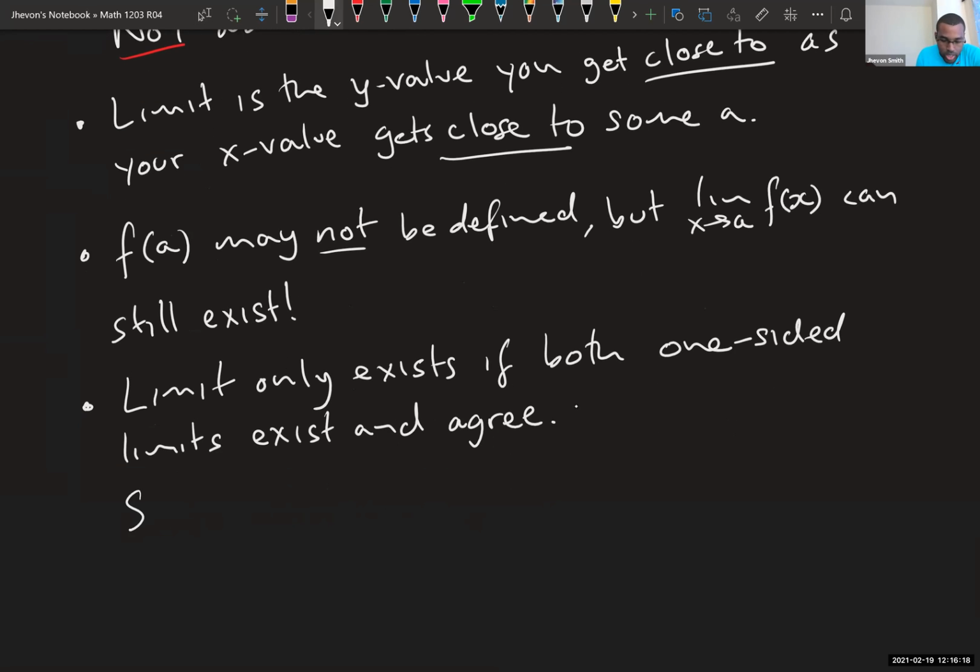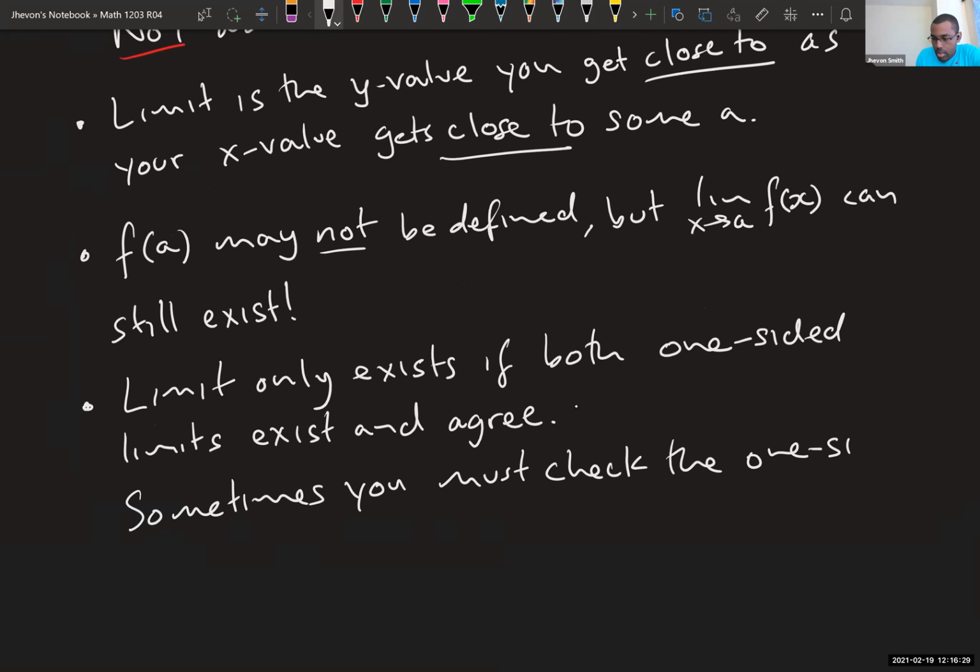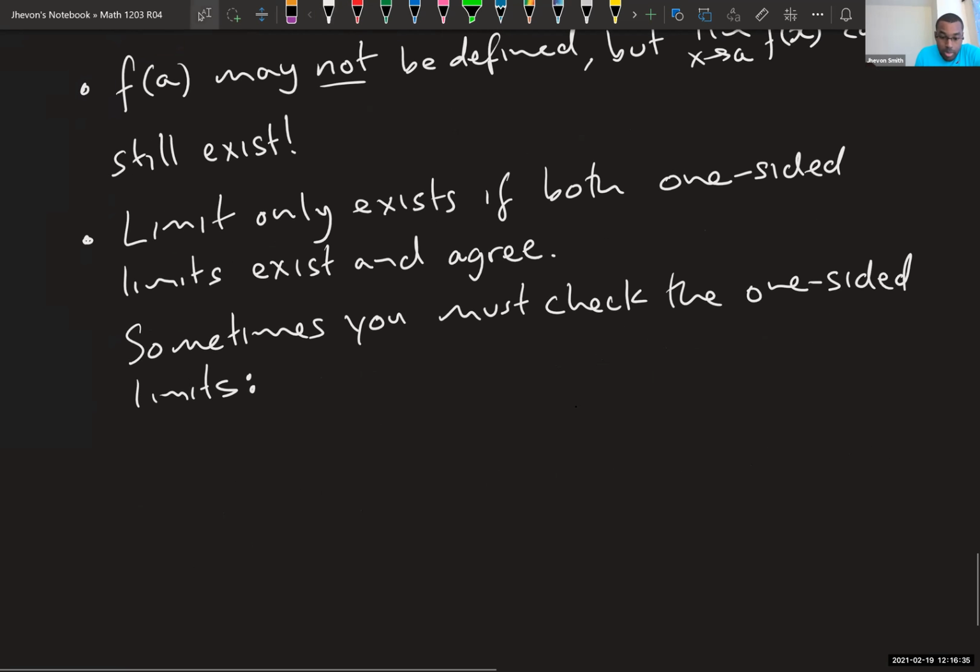So sometimes you have to check the one-sided limits. There are common situations in which you would have to do this. Of course, common situations, not all situations.